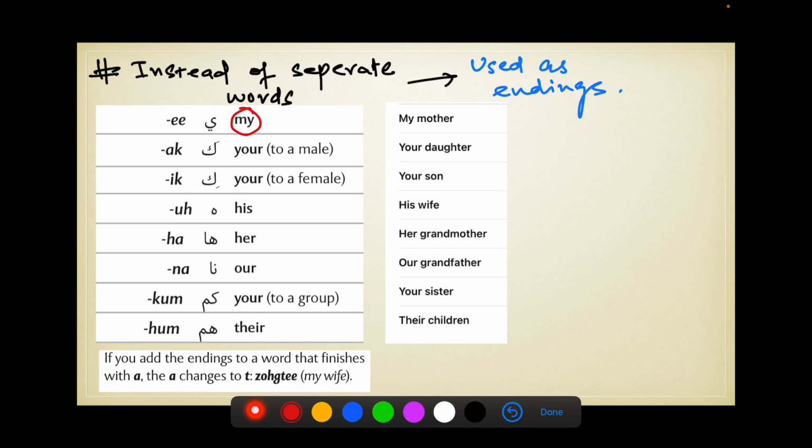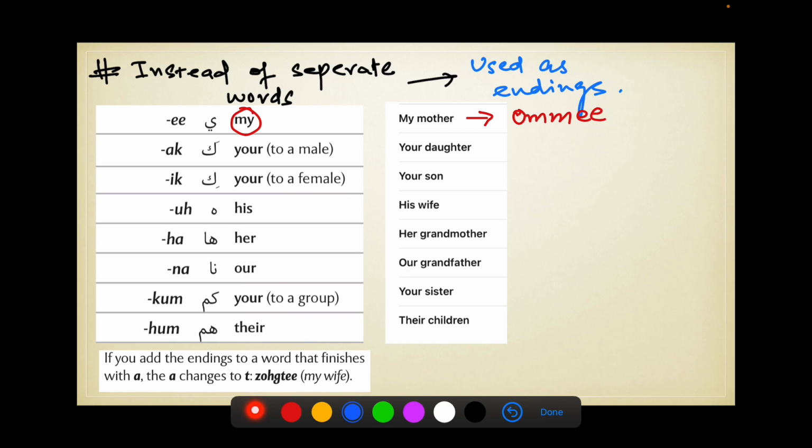If we have to say my mother, we'll say umm and add e to the end of this word. So umm is mother, and by adding e to the end of it, it will become my mother.